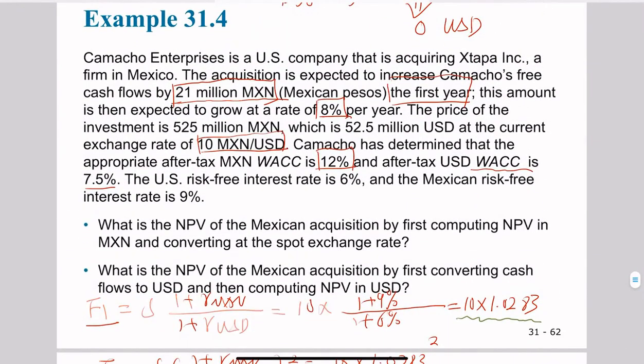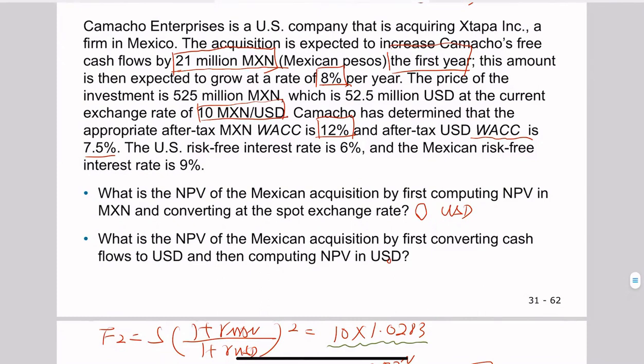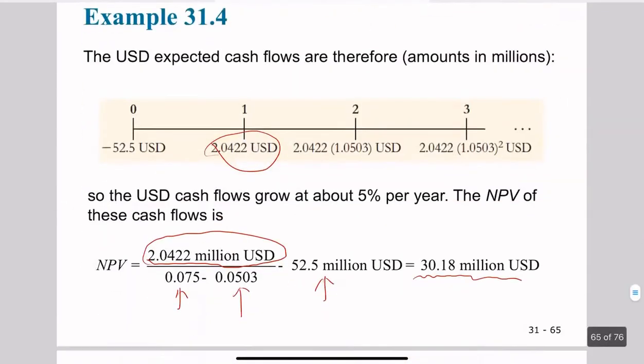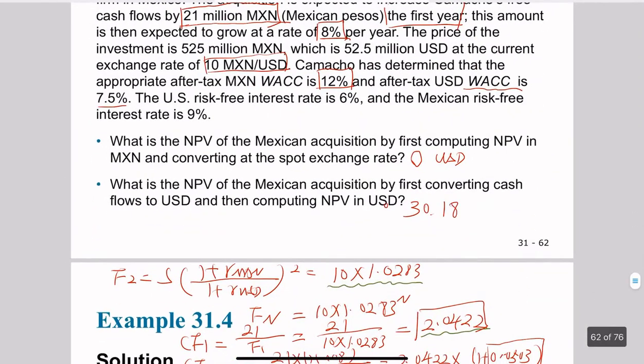Now, what's interesting here is these two methods give you different answers, right? The first method gives you a result of 0 USD. And this second gives you a result of 30.18. So why do you get a weird result like this?